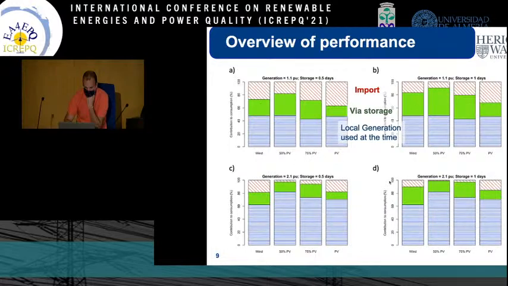So again, an overview of the performance. The left column is small storage, the right column is larger storage: about 1 day's worth of operation on the right, half a day's worth on the left. The top line is a small amount of installed capacity, the bottom is a larger amount.